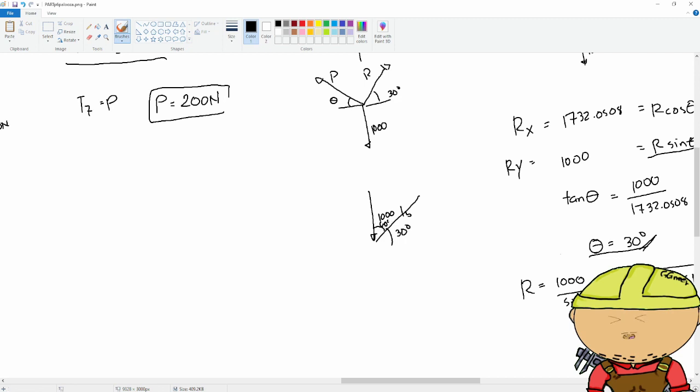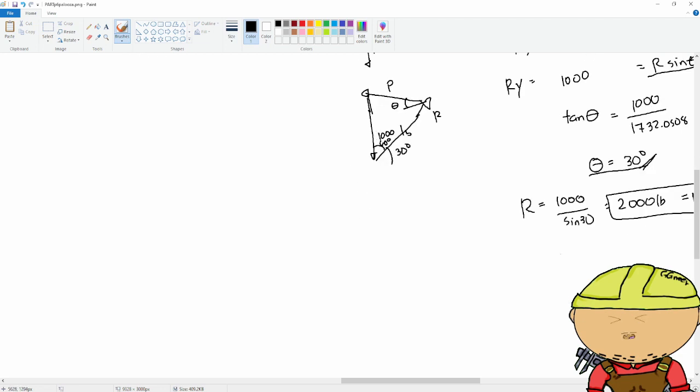Meaning this will be 60 degrees. R and P, right? This is theta, and this is P. So we know at least one angle.